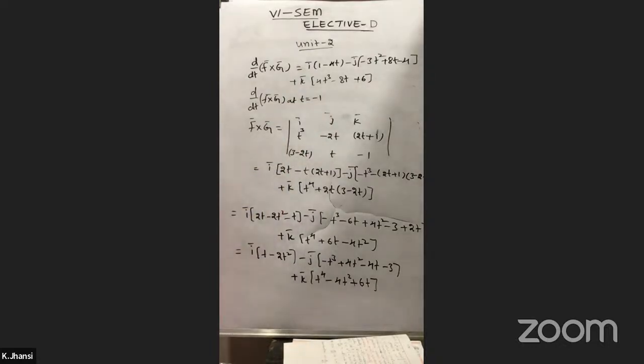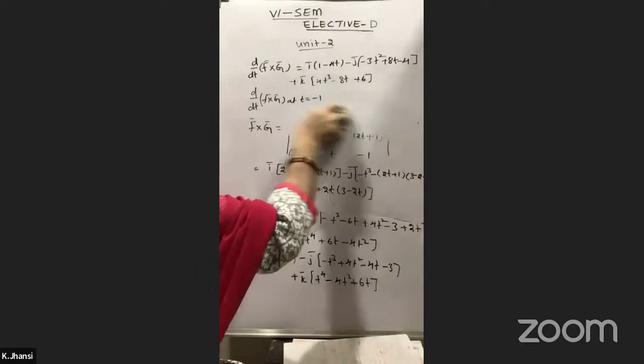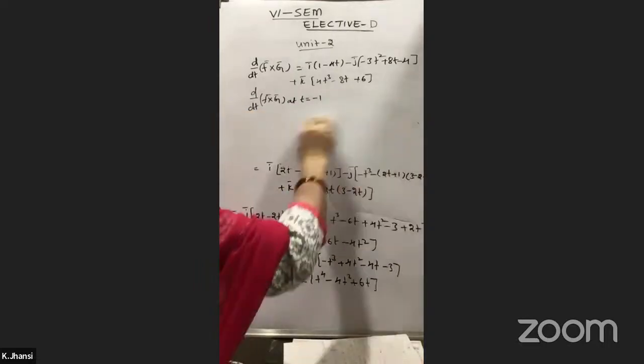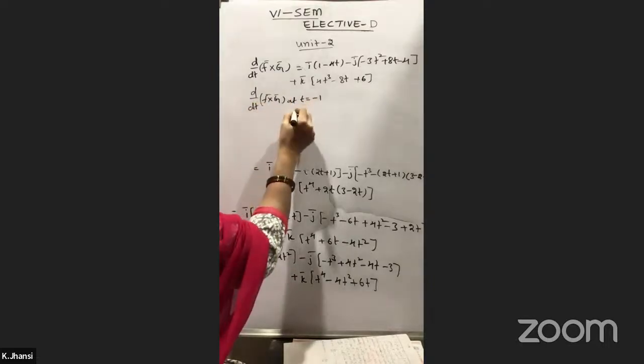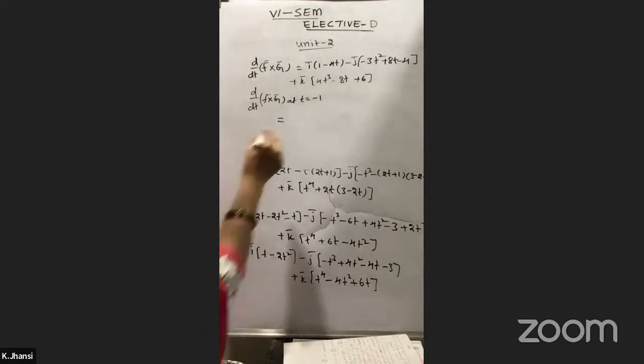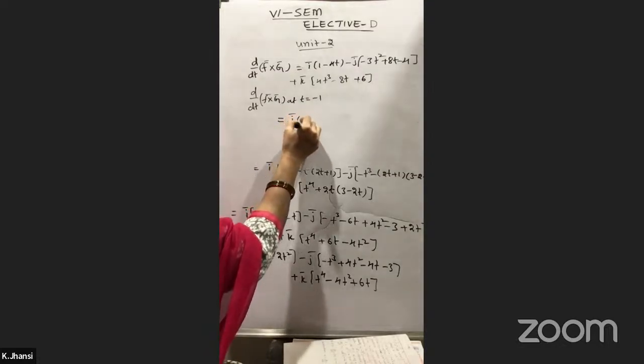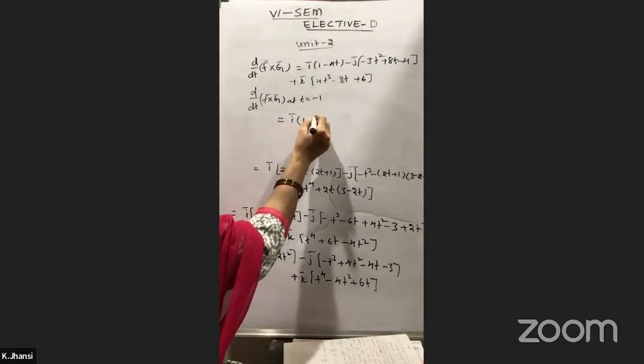Okay. So the question is asking at the value of t equals to minus 1. So t equals to minus 1 means it is equals to vector i, that is 1 minus 4 into minus 1.